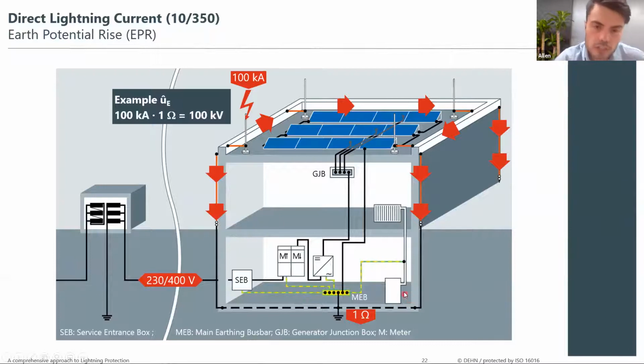Using Ohm's law, you can actually determine the voltage rise based on the current that's flowing into your earthing system and also the resistance of the earth grid. So you can expect 100 kV to be present on your earth bar.